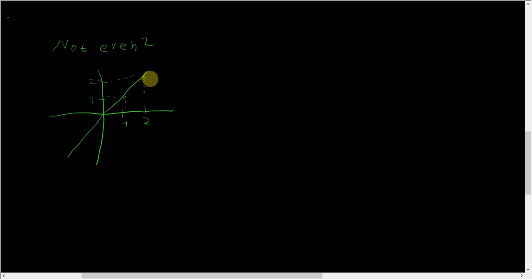So, if I have a function like y equals x, and again I'll graph the values. This is our x-axis, this is our y-axis as usual.